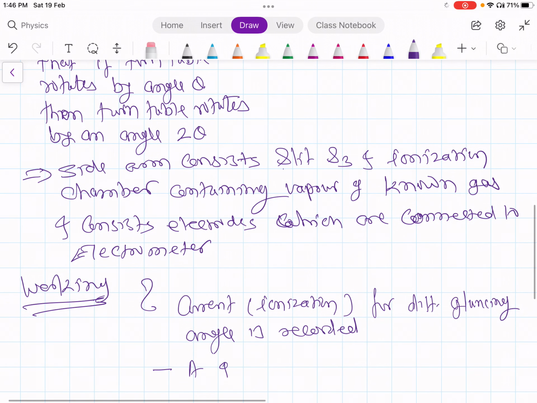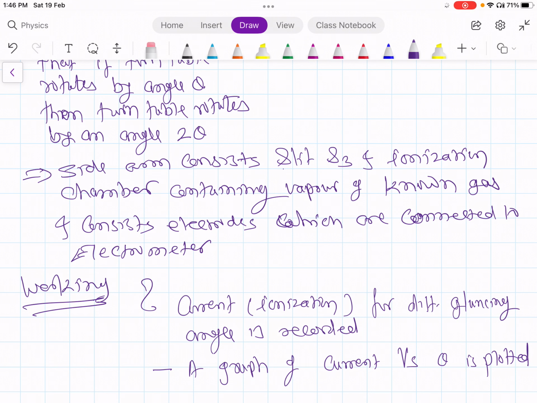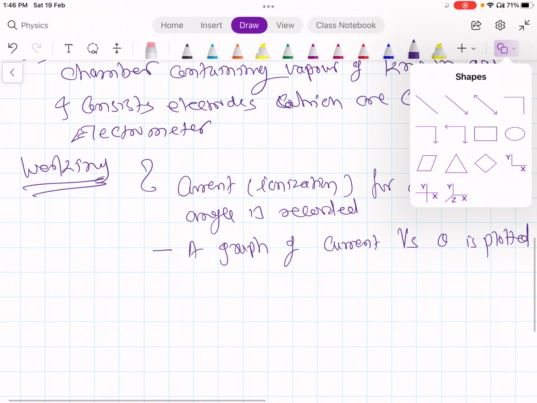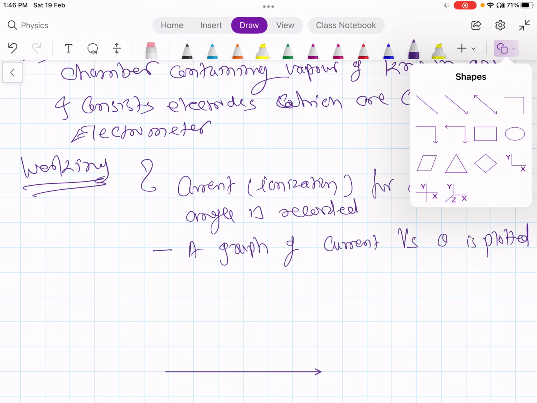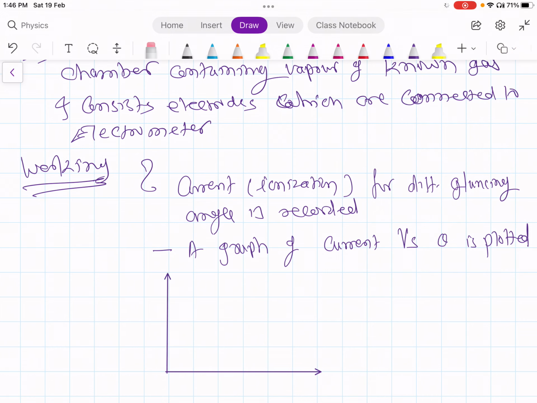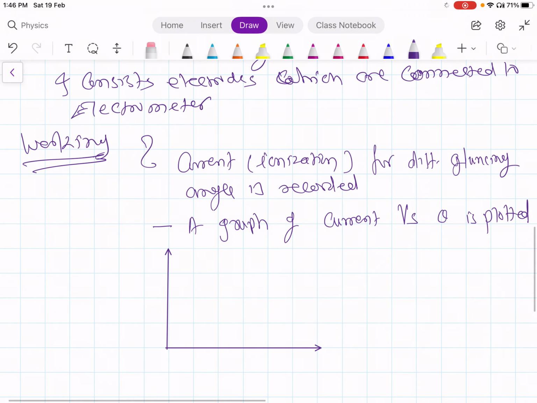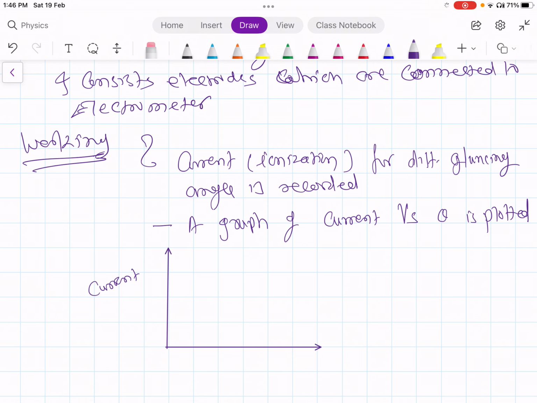Then a graph of current versus glancing angle theta is plotted. Let us plot the graph. This is the x-axis. This is the y-axis. On the y-axis, there is the current, and on the x-axis, the glancing angle theta.